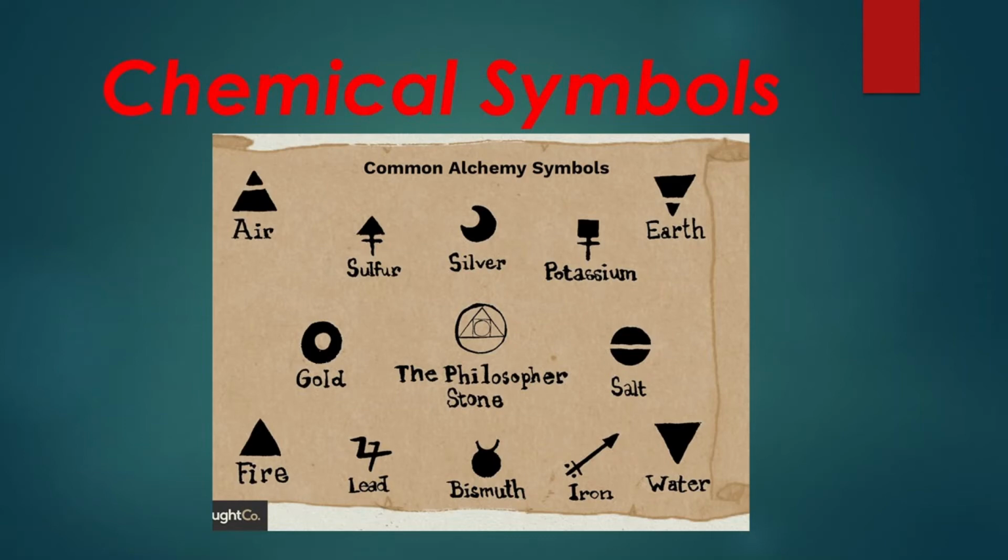Earlier some sort of pictures were used as the chemical symbol instead of writing the chemical name of the particular element. In the picture alongside, you can see that many of the elements are present here, and their particular symbols are also written.